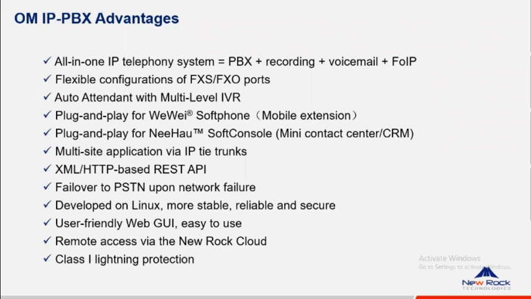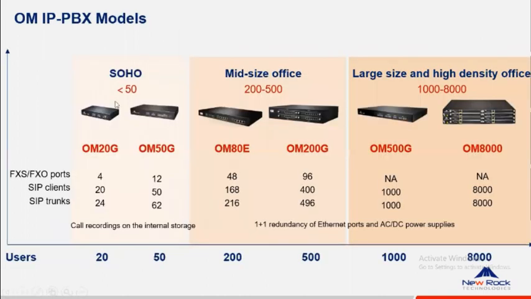Okay, so we have here the overview of our OM IP-PBX. If you want to use 50 users, we recommend to use the 20G and 50G. And for the mid-size office, if you want to use from 200 to 500, we recommend our OM80E or the OM200G.